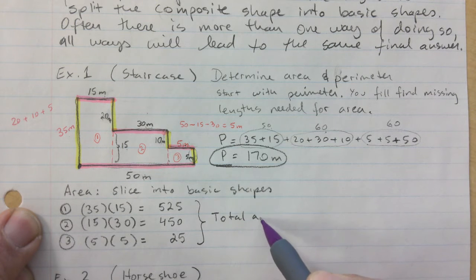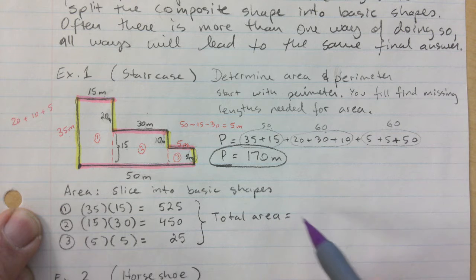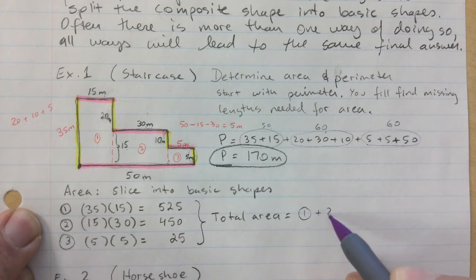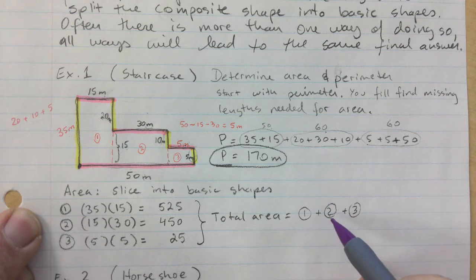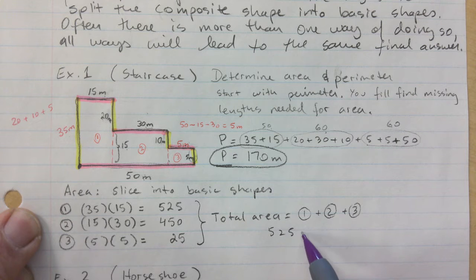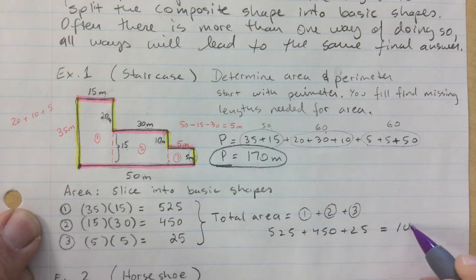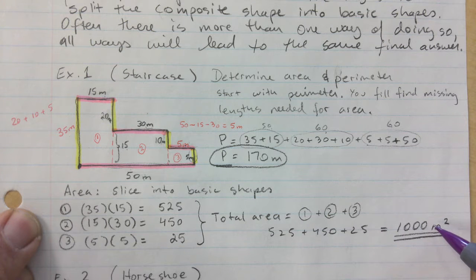Total area is going to be 1 plus 2 plus 3, the areas of the 3 shapes that you've divided it into. So it's 525 plus 450 plus 25. So that's 1,000 square meters exactly. So this is our total area.